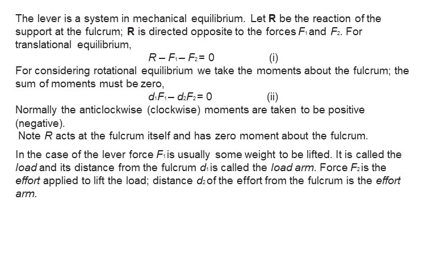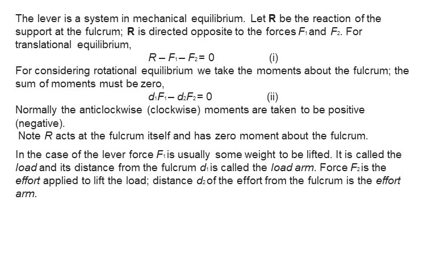Let R be the reaction of the support at fulcrum. R is directed opposite to the forces F1 and F2. Therefore, for translational equilibrium, R minus F1 minus F2 will be 0.